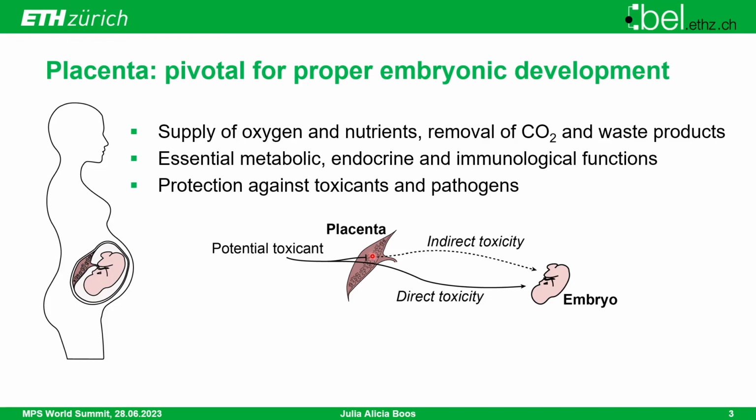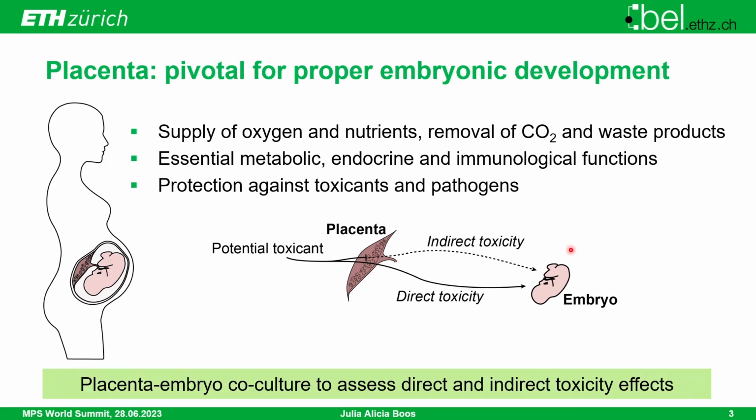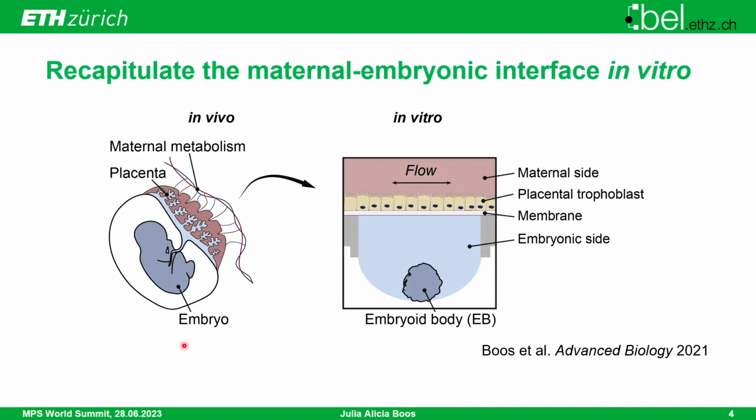And to really evaluate both of these toxicity effects, so direct and indirect toxicity effects, it is really important to have a direct co-culture of placental tissue and embryonic tissue in the same medium environment. And this is why our idea was to model this maternal-fetal interface in vitro by combining a model of the placental barrier and an embryoid body, which is a 3D model for early embryonic development, in the same microfluidic device.